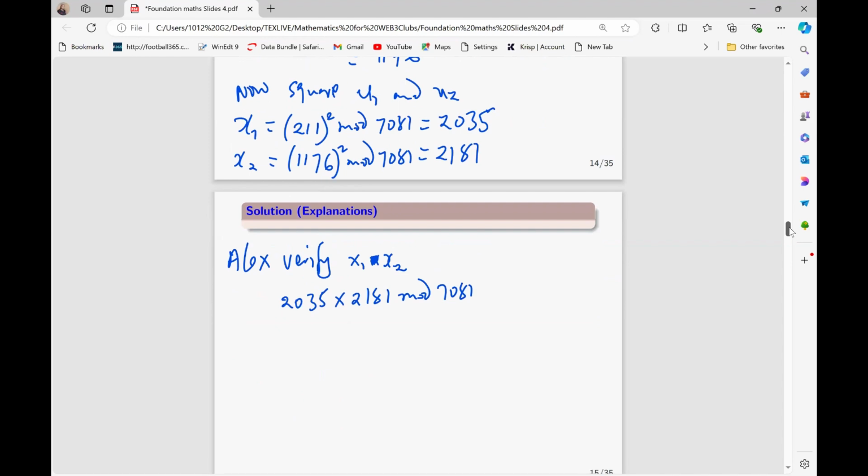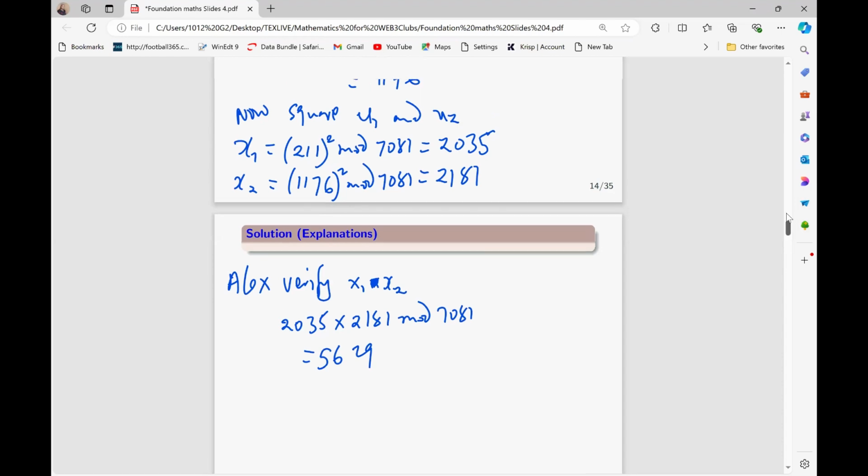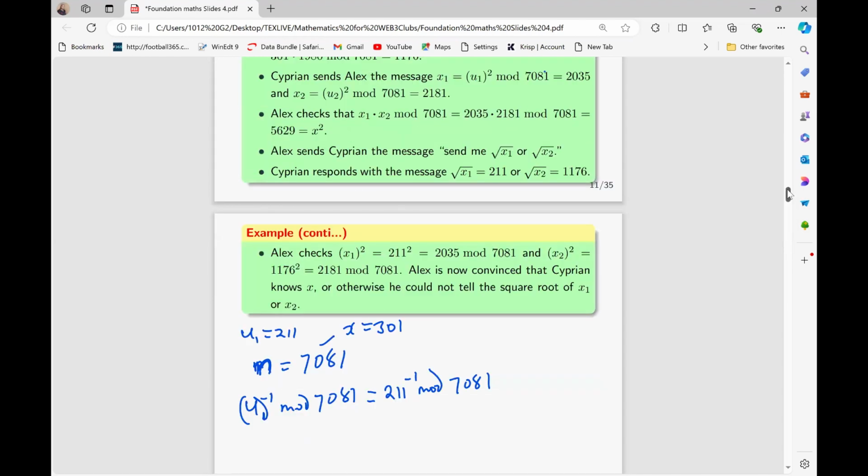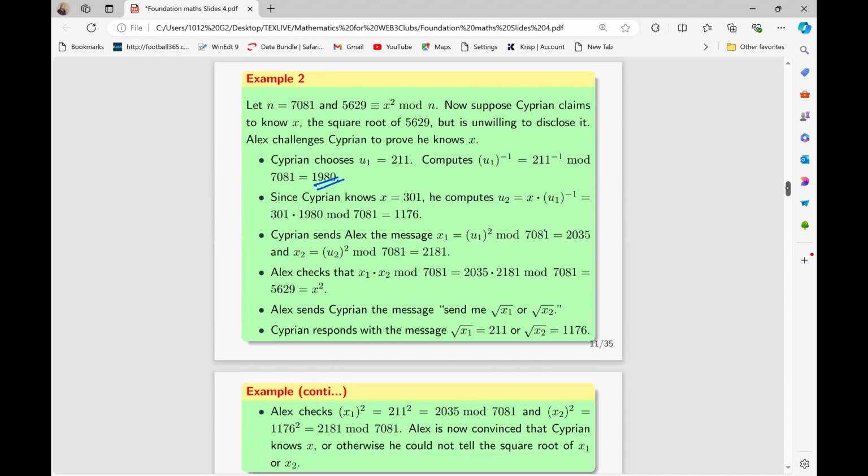When he divides, it goes there 626 times, and the remainder is 5629. He wants to see whether this 5629 is what he was sent as x squared.